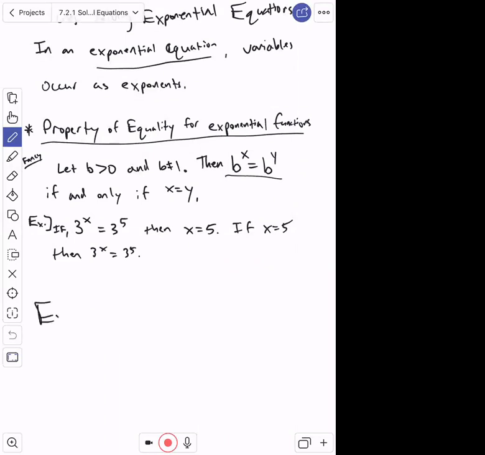So the first example: 2 to the power of 2x equals 2 to the power of 4. We're able to say that 2x must equal the other exponent, 4. x must equal 2.